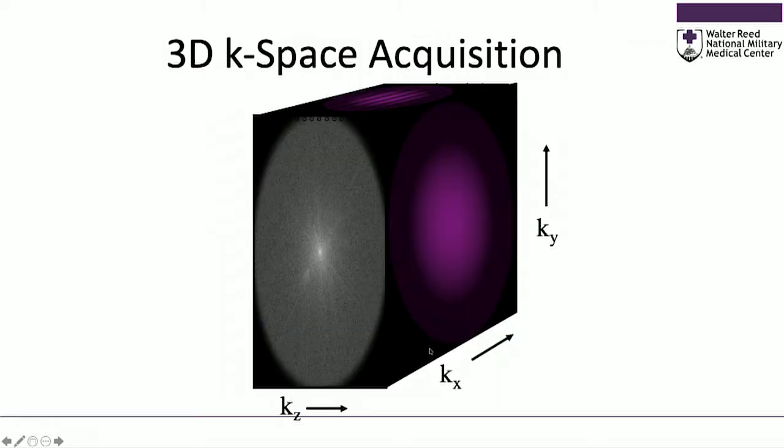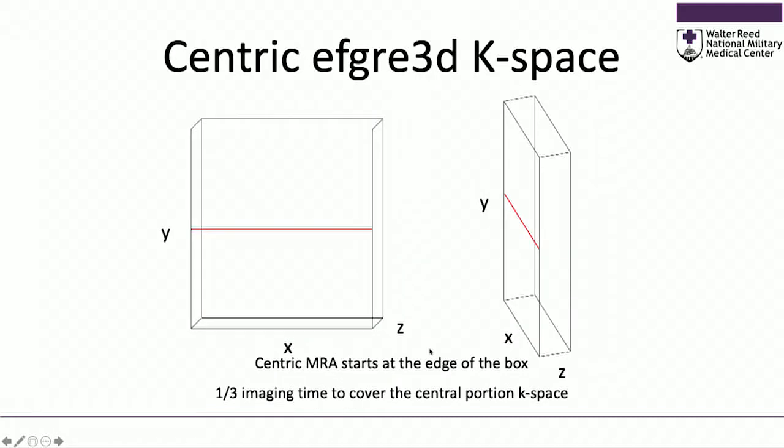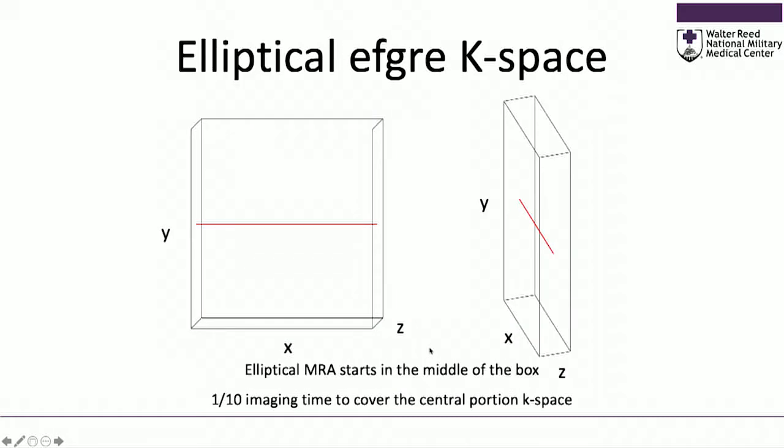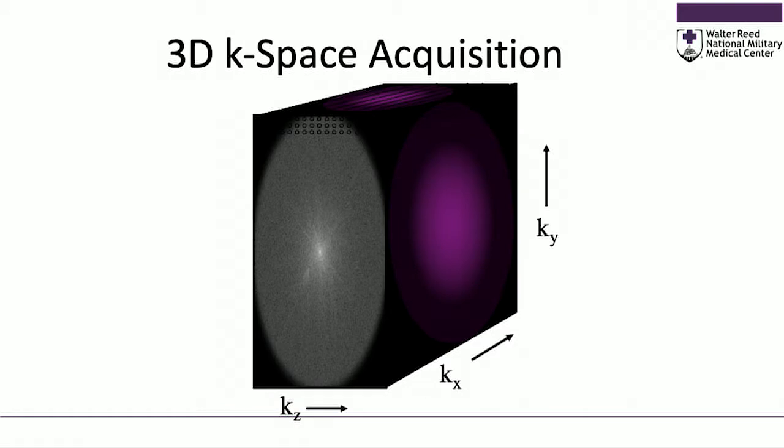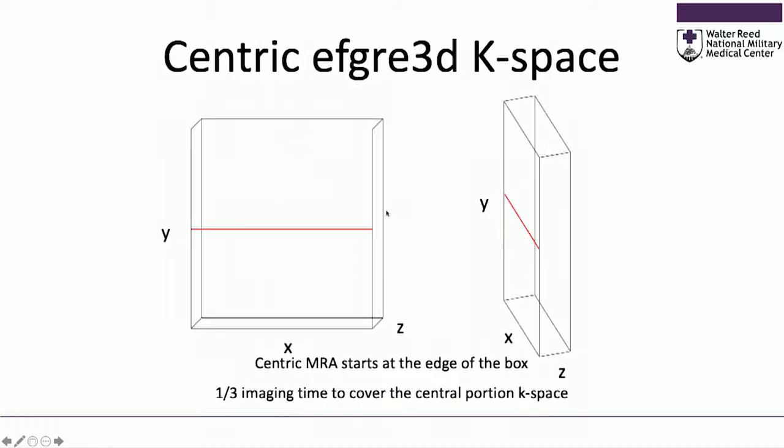And with 3D, that gets even more complicated because we have to fill these lines of K-space in 2 dimensions and fill this whole box.